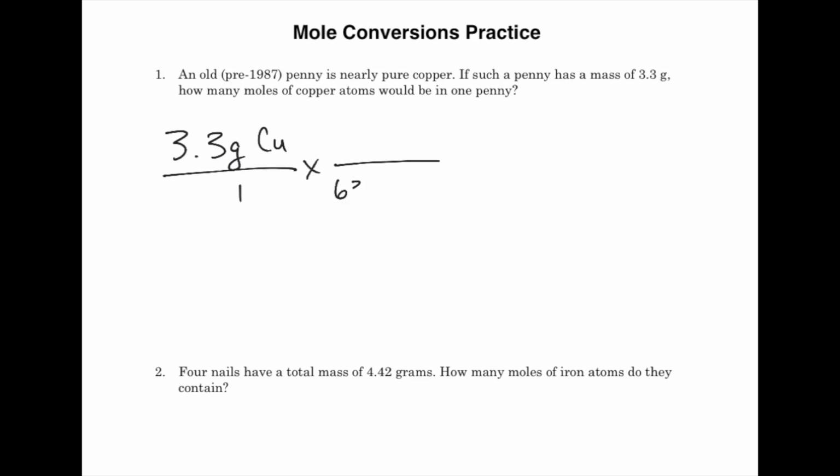It is 63.55 grams copper for every 1 mole of copper, right? Perform our conversion. We can cancel out our like units, and we get 0.052 moles of copper. All right, so let's go ahead and look at the next example.